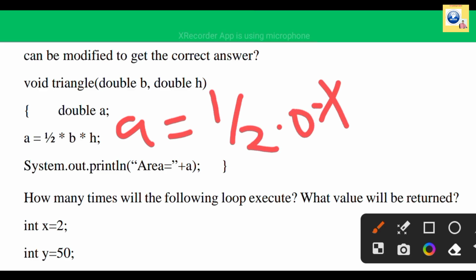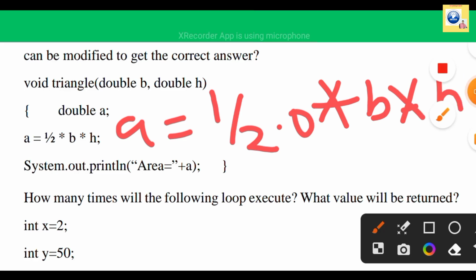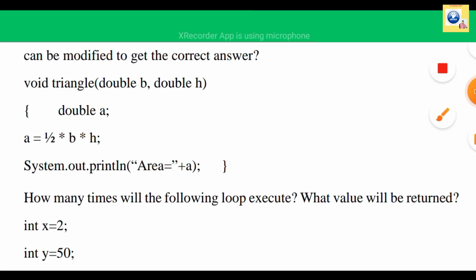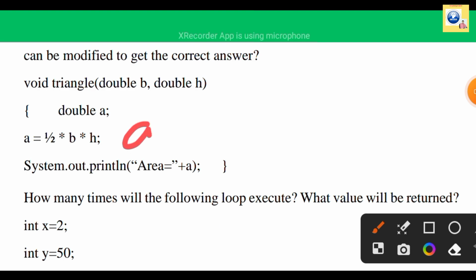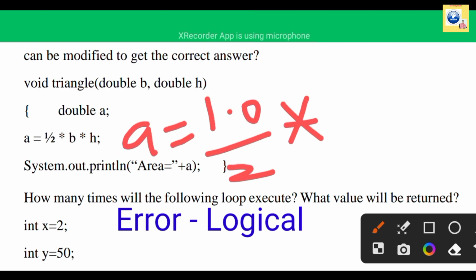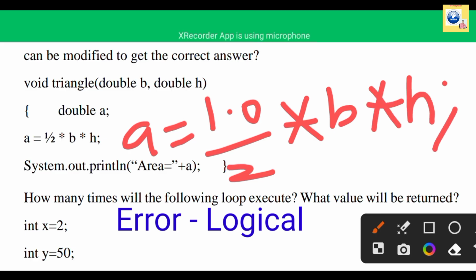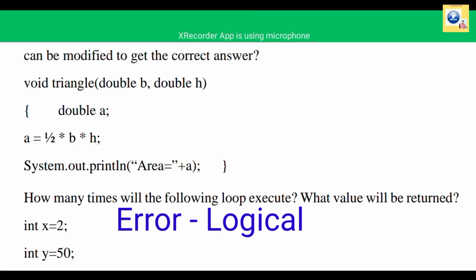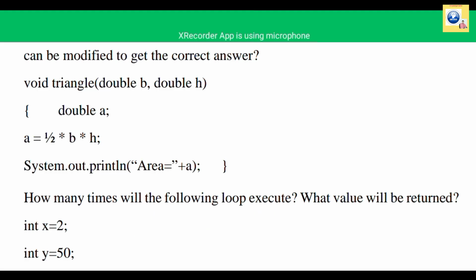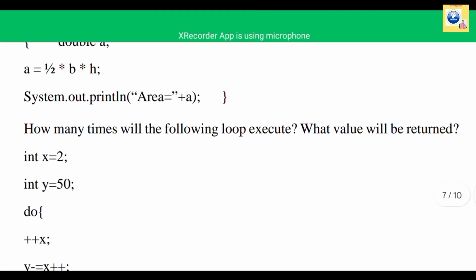If you write this, it will be treated as double, not integer. One more option: A equals 1.0 upon 2. Then also this statement is treated as double. These are the corrections: the half has to be written as 0.5 or 1 upon 2.0.